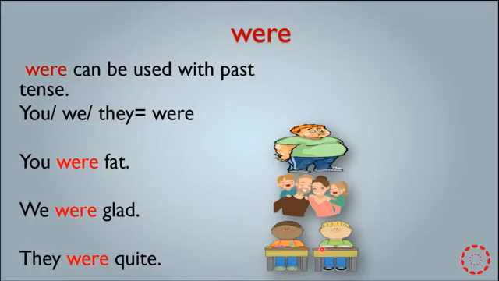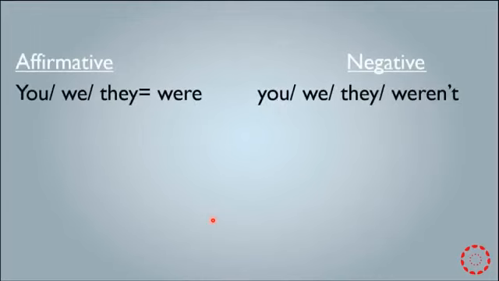So with were we can use these three subjects: you, we, they. Affirmative, negative. You, we, they were in affirmative form.